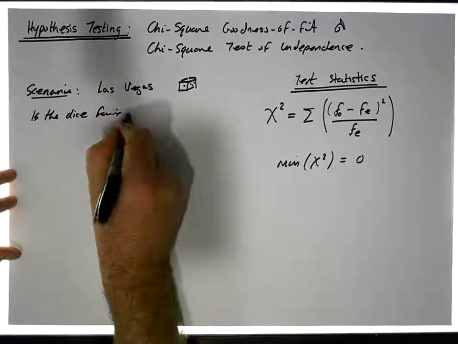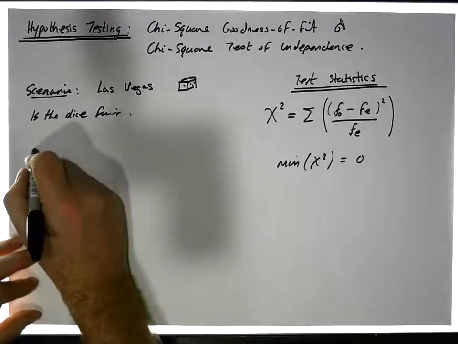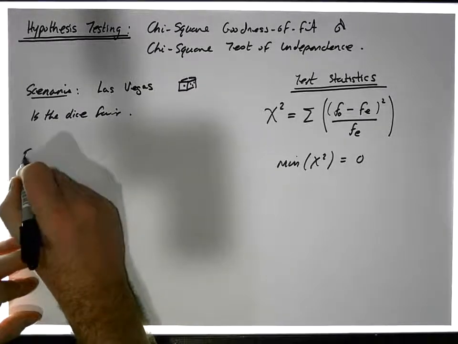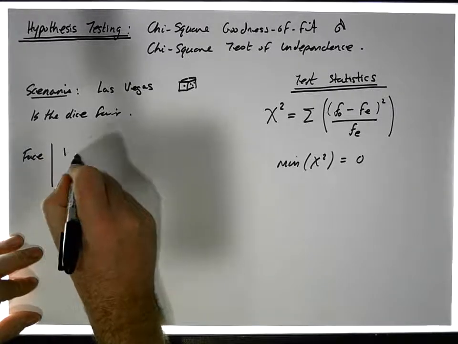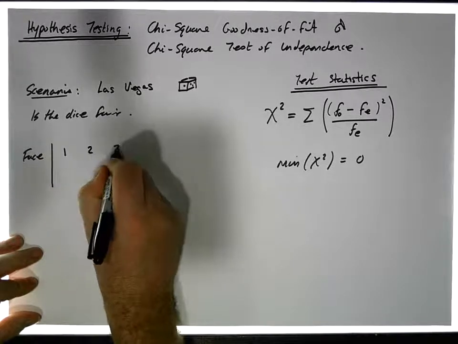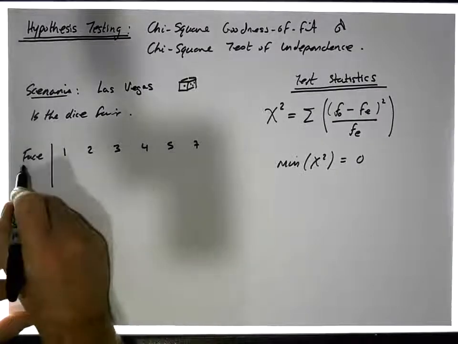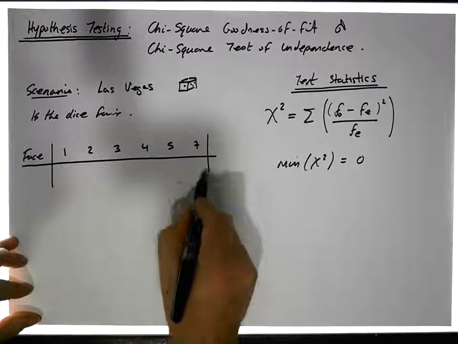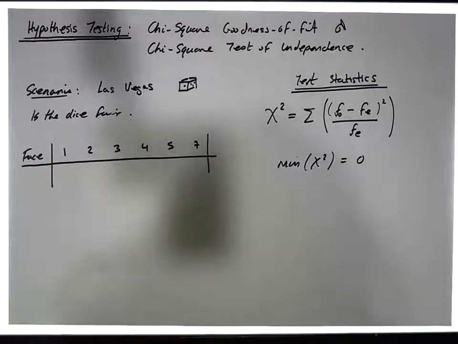Now, if we think about this for a moment, the face values of a die are 1, 2, 3, 4, 5, and 6. If the die is fair, we'd expect each of those face values to appear with a certain probability.